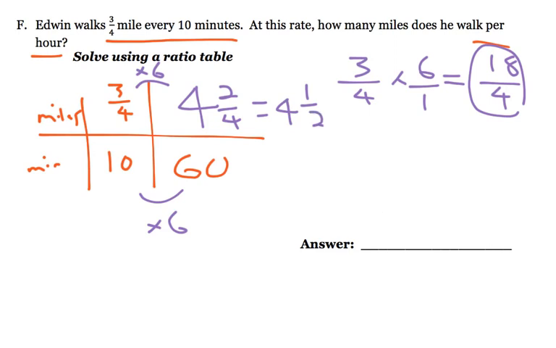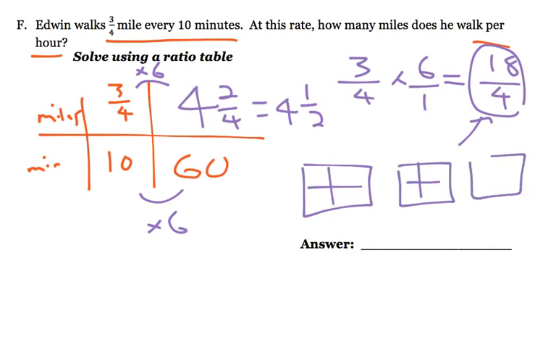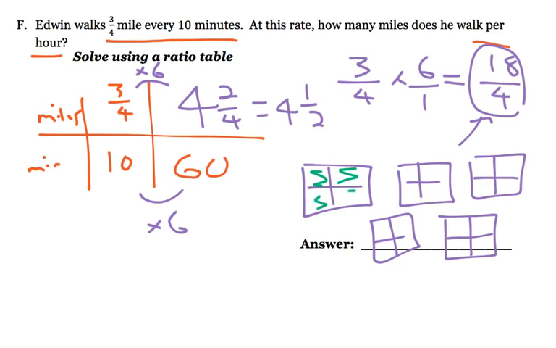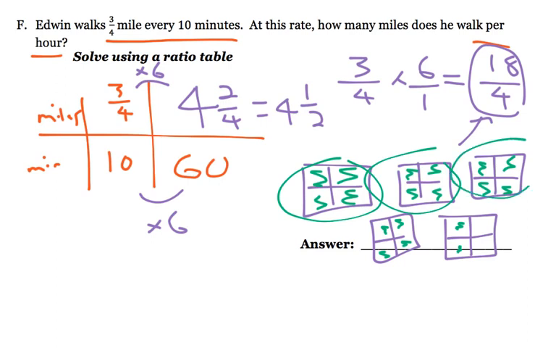And if you ever get confused on the state test for a problem like that, you can always sketch it out. 18/4. So we got 4, 8, 12, 16, 17, 18. That's 1, 2, 3, 4 wholes, which is 4, and we're left with 2/4 left over.